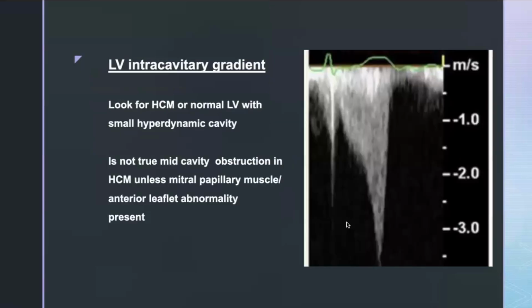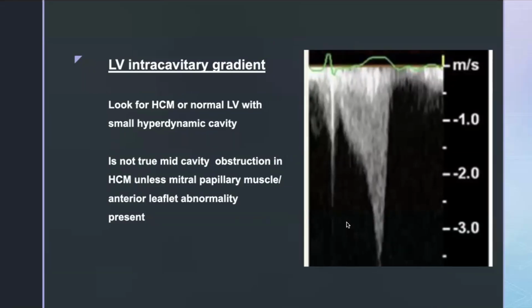And then the other thing here is if you do see an LV intracavitary gradient, the things to do would be to look for HCM, so look for two distinct cavities. Or the other thing would be looking to see if it's a normal-sized cavity with hyperdynamic function.